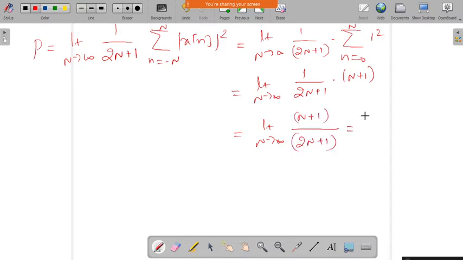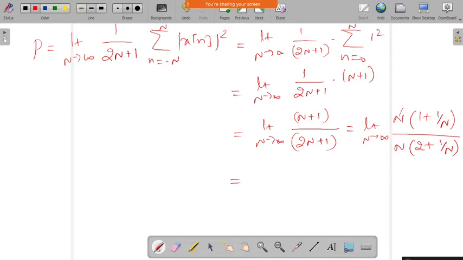Now I can take n common from both numerator and denominator. So in the numerator I get 1 plus 1 over n, and in the denominator, taking n common, I get 2 plus 1 over n. Now if I apply n tends to infinity, 1 over infinity is 0 in both places.